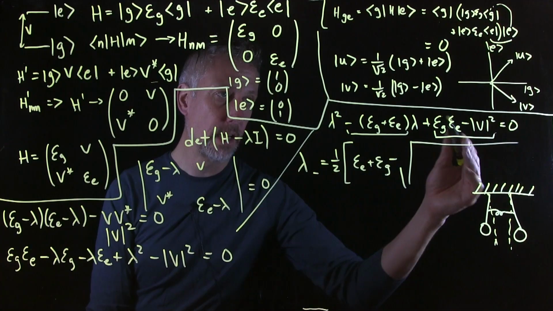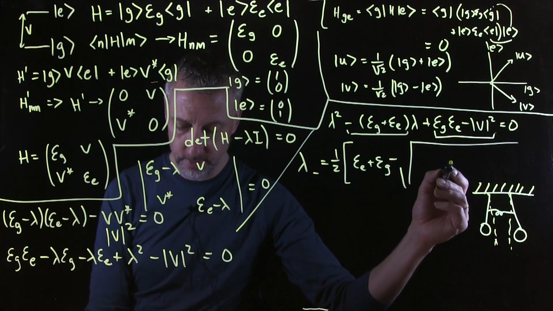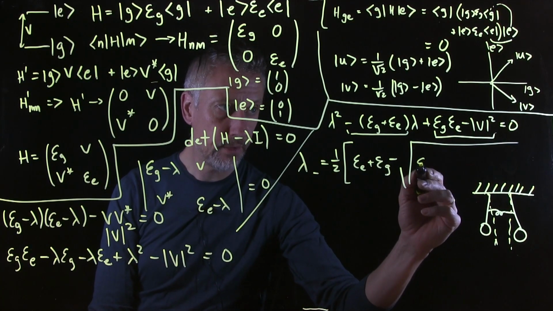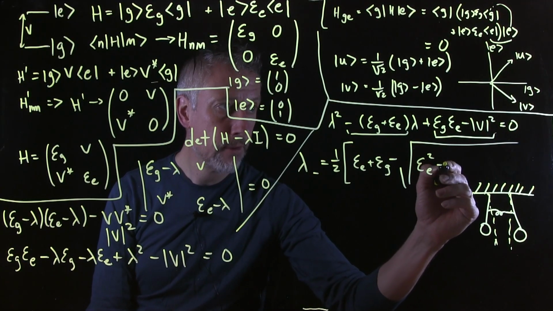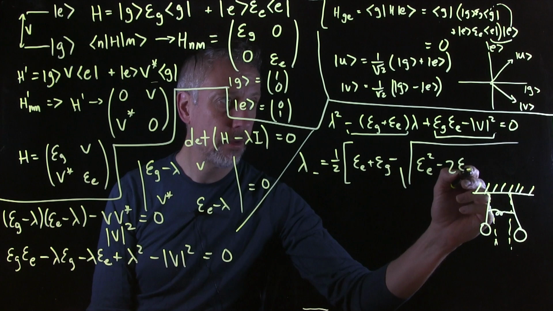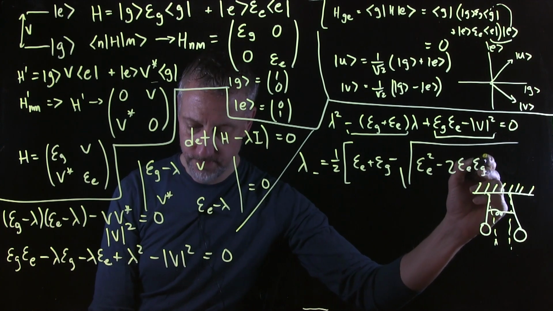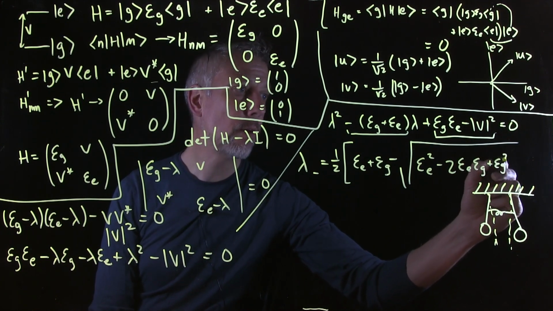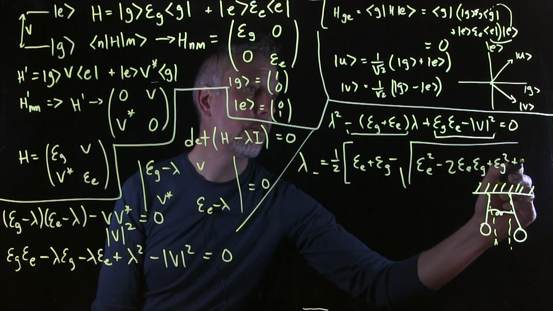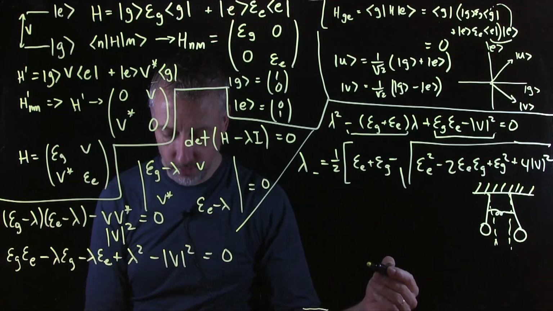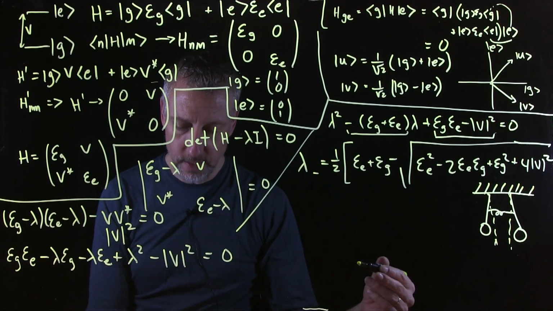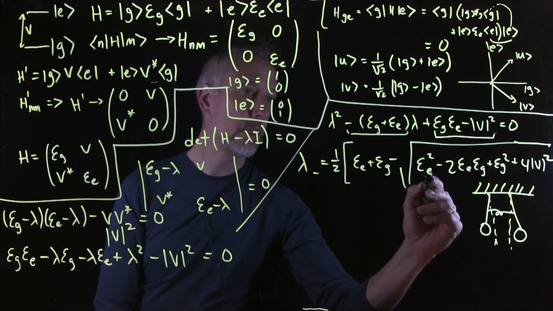Oh yeah, just plugging it in with the b squared minus 4ac, and so you end up with epsilon e squared minus 2 epsilon e epsilon g plus epsilon g squared plus 4 v squared.